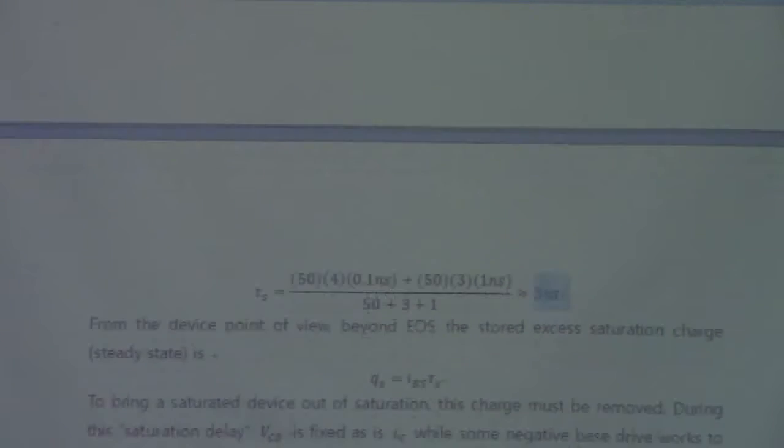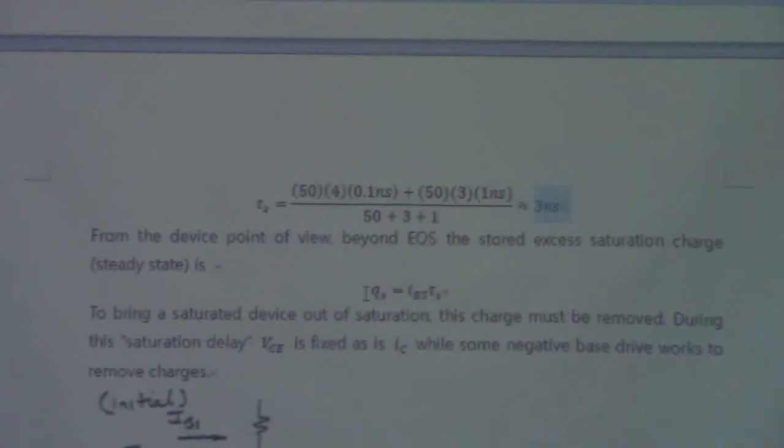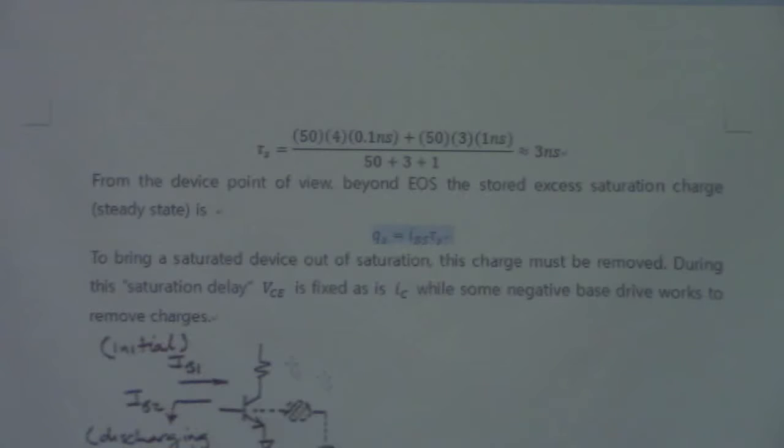From the device point of view, the stored excess saturation charge has to be represented with this equation. To bring a device out of saturation, which means if you apply reverse voltages or current to switch, then this charge, the stored charge beyond the saturation, must be removed.